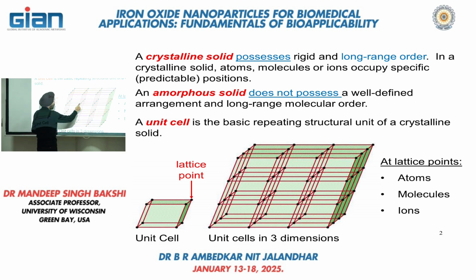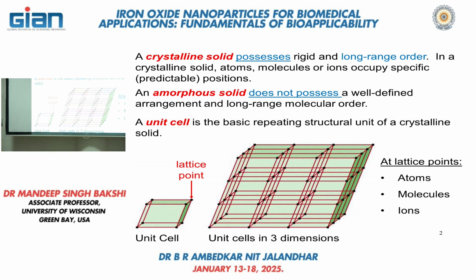You will see if I am moving in any of the three dimensions, x, y, and z axis, you will see exactly the same pattern running across the three dimensions. That is not the case of the amorphous solid. In the case of the amorphous solid, this kind of regular arrangement is disturbed immediately as you try to move either along the x-axis, y-axis, or the z-axis.